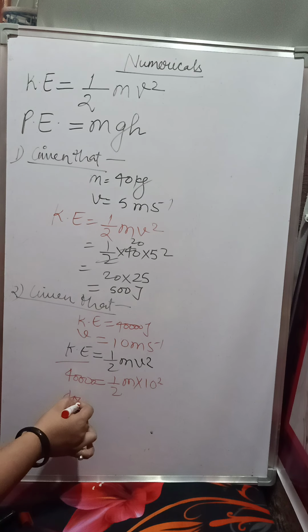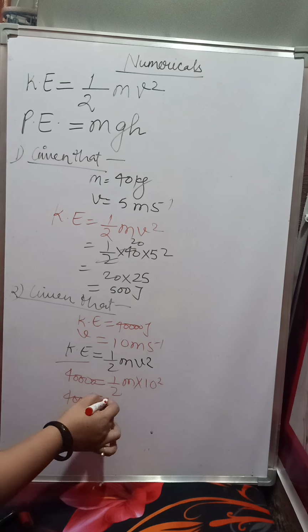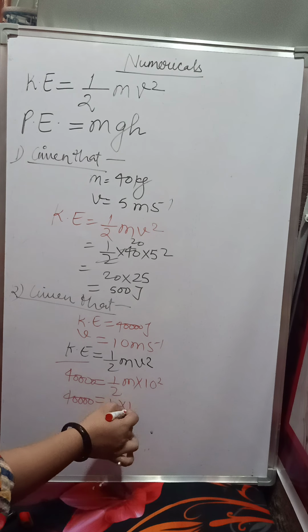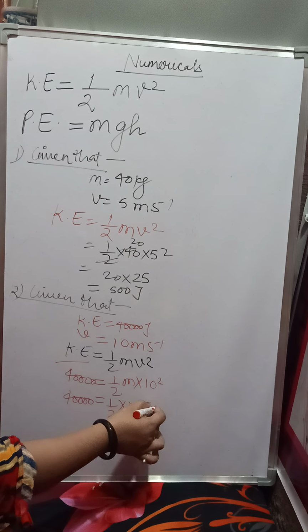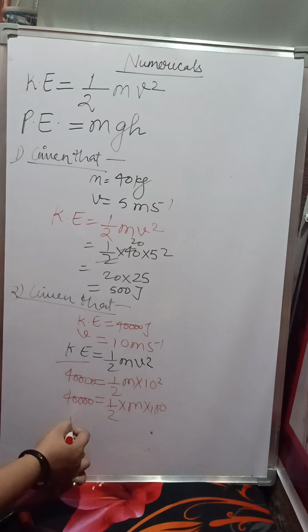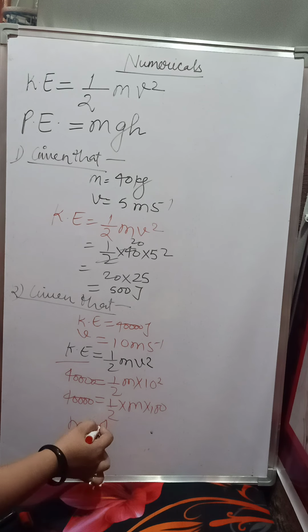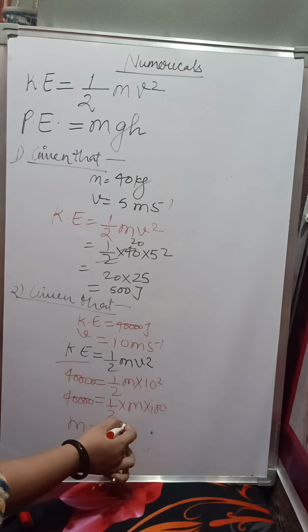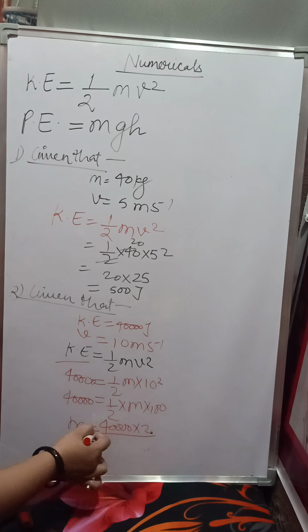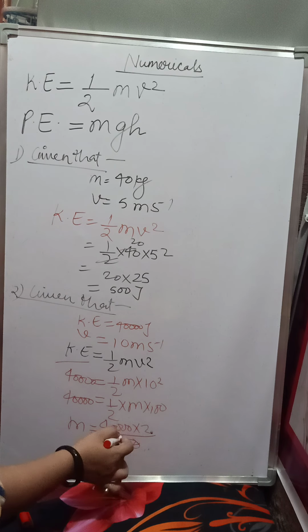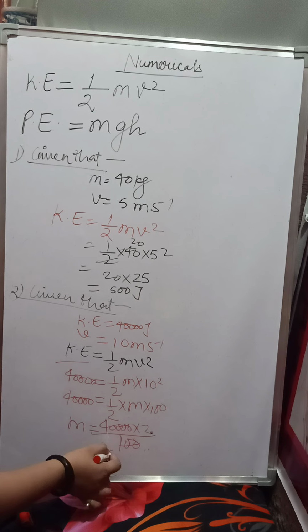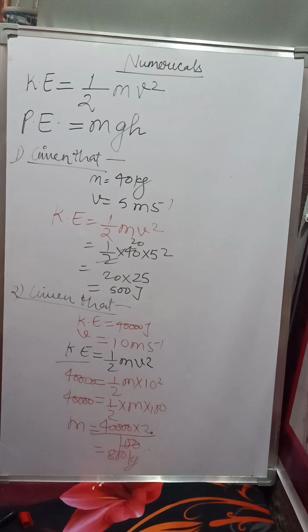So this is 40,000 equals half into m into 100. By simplifying, m is equal to 40,000 into 2 by 100. This is 800 kilogram. So I hope you all have understood the numericals.